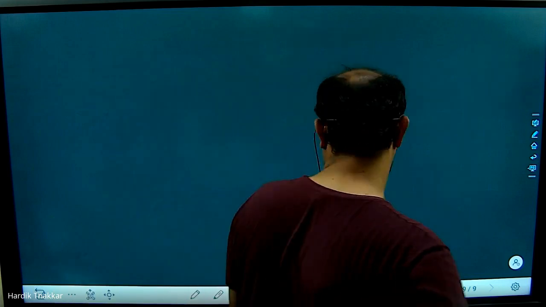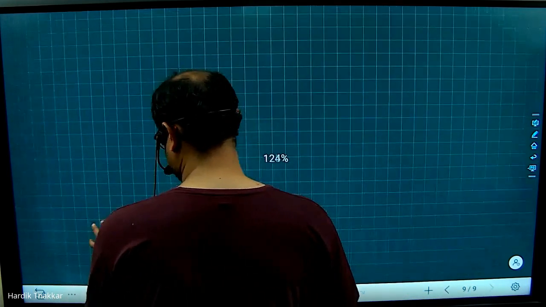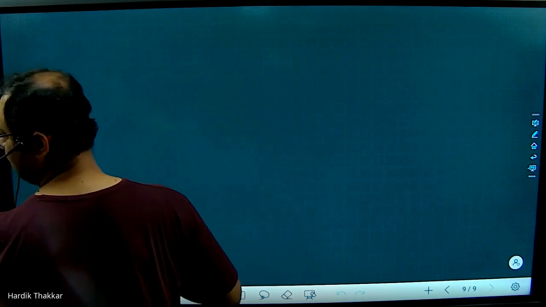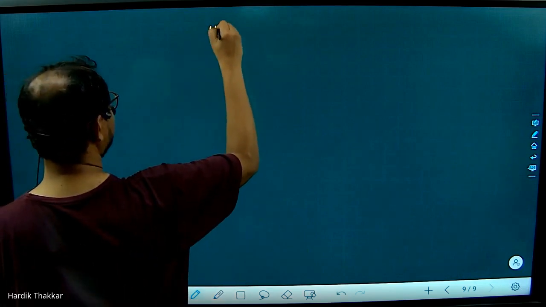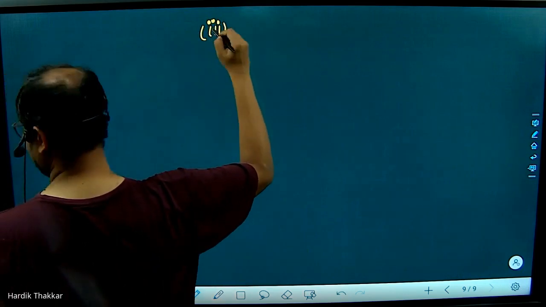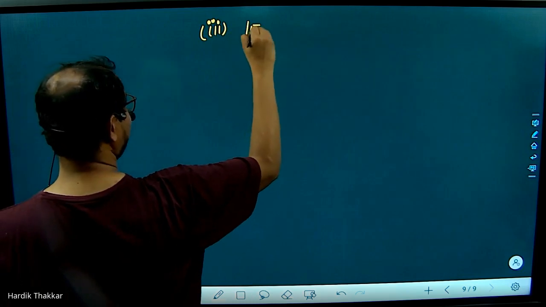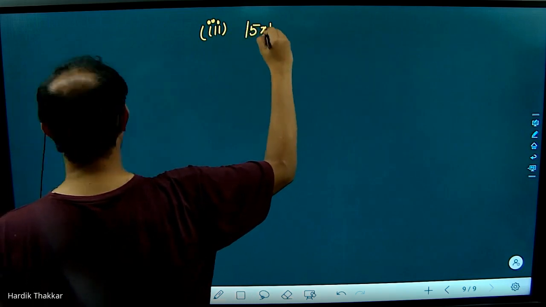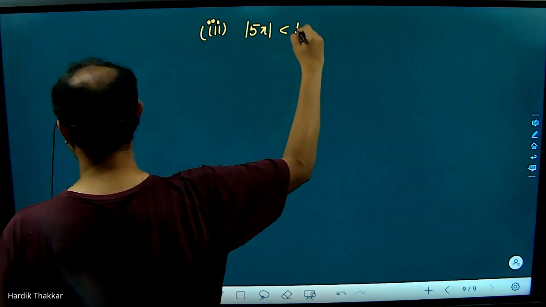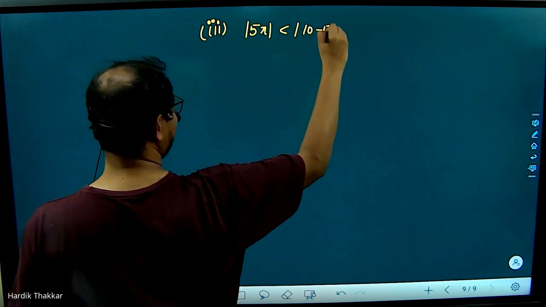Okay, now let's solve the last two questions from this exercise. Here the third part is mod 5x less than mod 10 minus 5x.